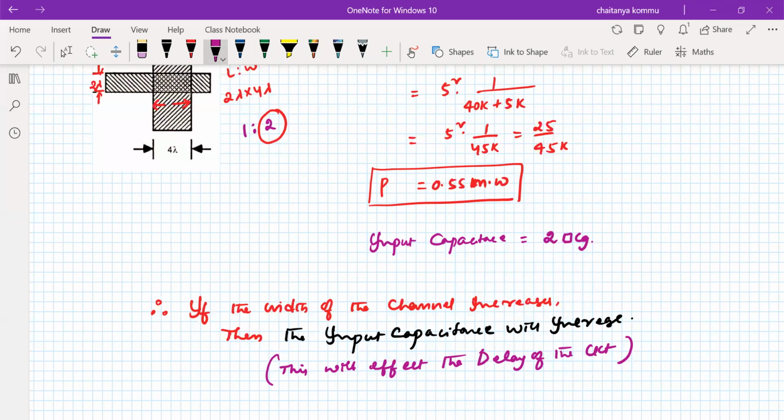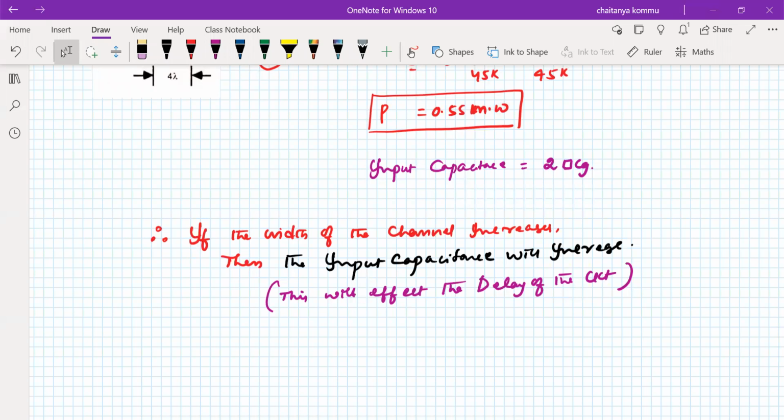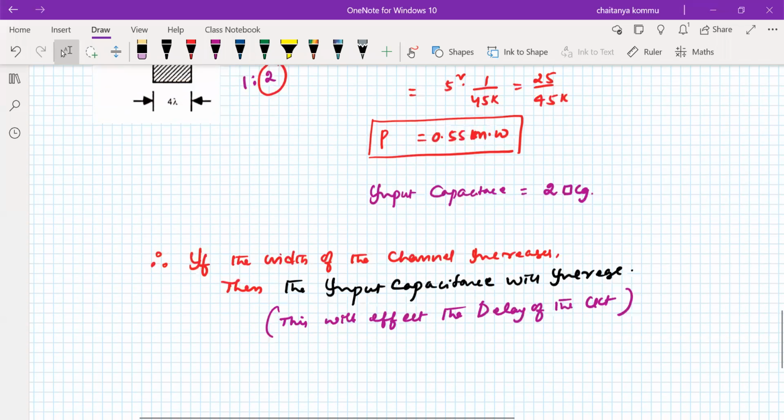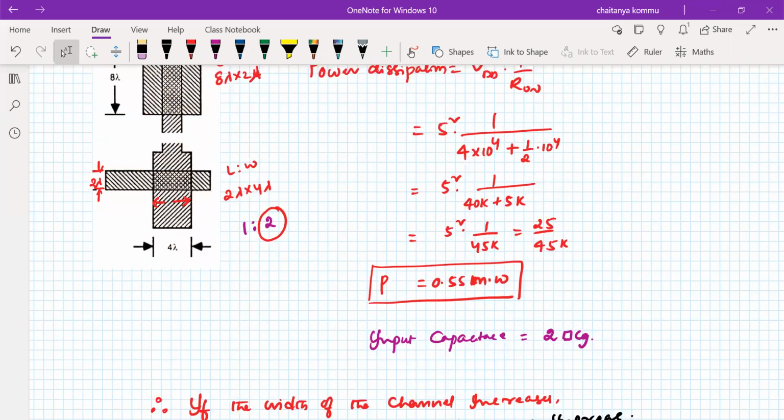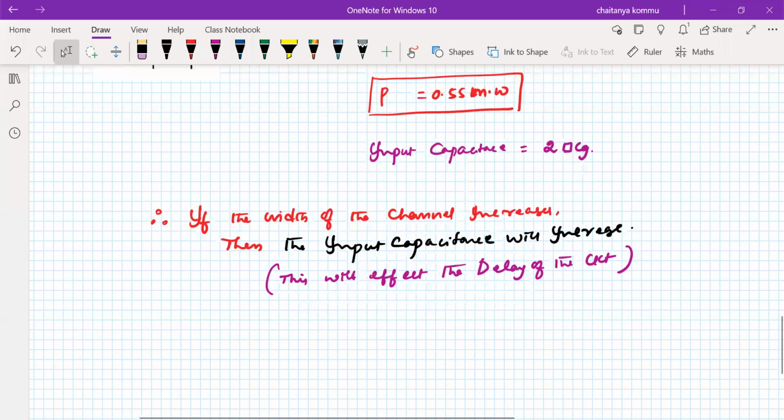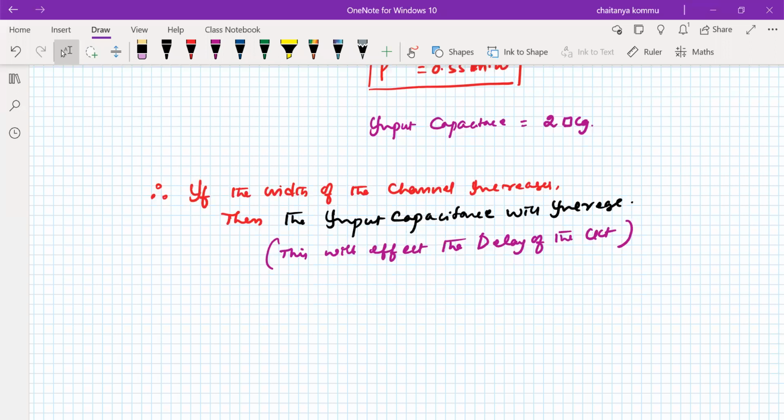Therefore, we have to maintain the proper width, otherwise there is a problem. Another problem is that the power dissipation will also increase. As the width of the transistor increases, the power dissipation also increases.